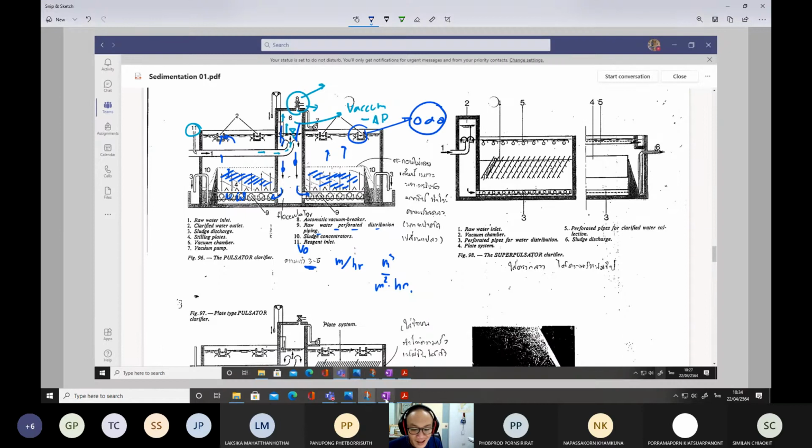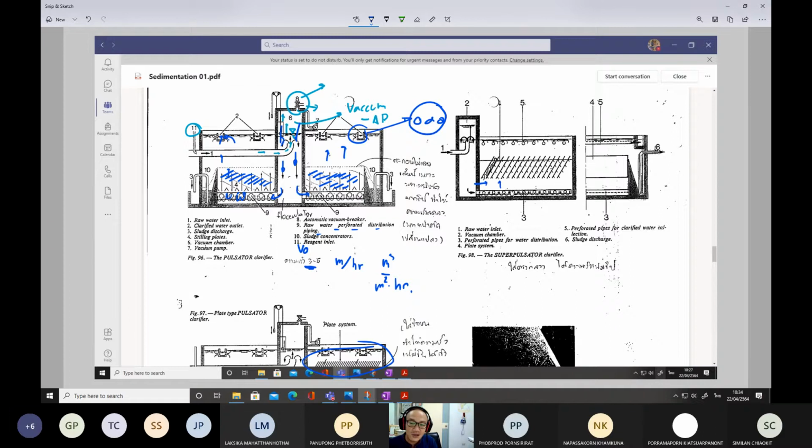On the other hand, another type of pulsator is shown in figure 97. It's basically the same, but they install the inclined plate. The inclined plate here is the same as this one. So this is the inlet.